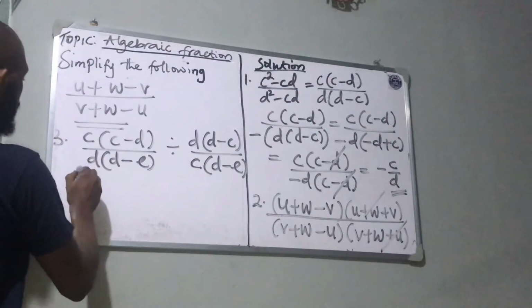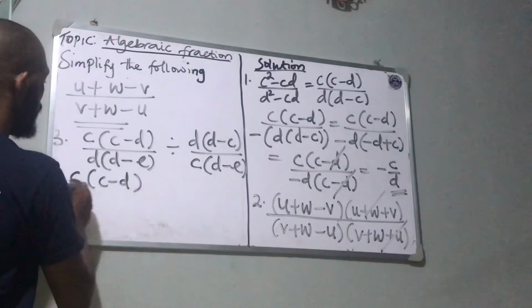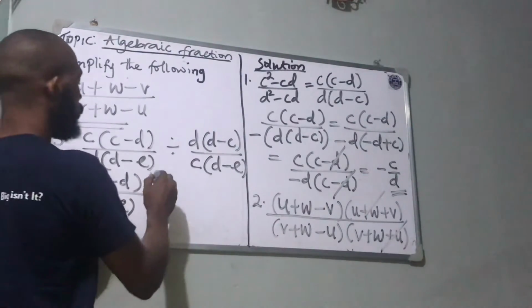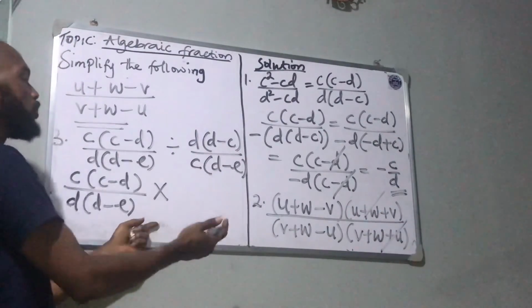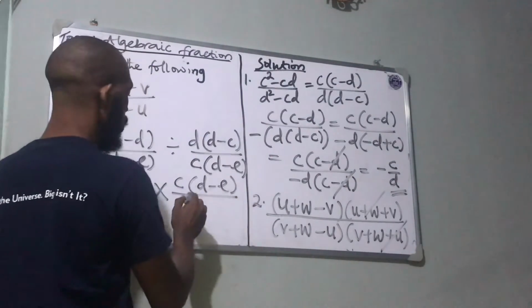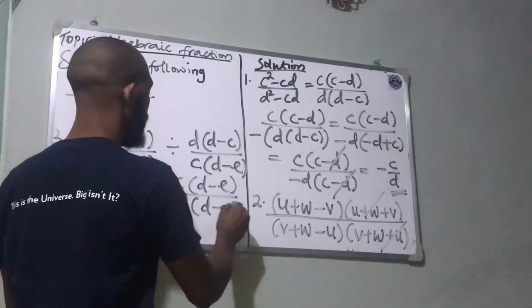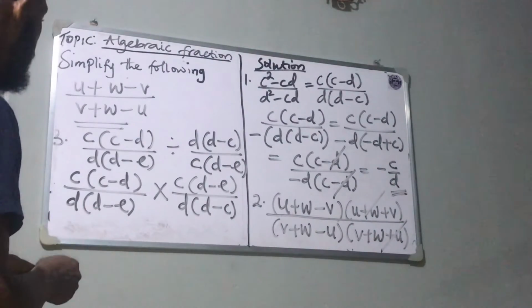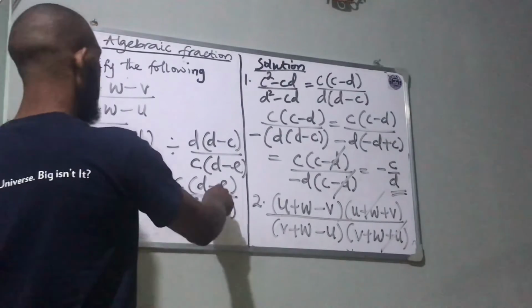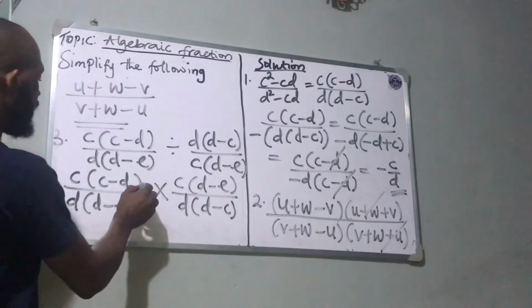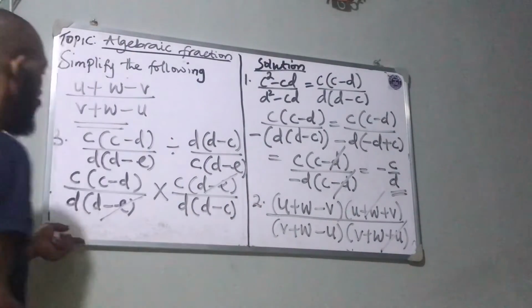So we have this to be c minus d over d minus e. Now we can change this to multiplication. So the right hand side, the denominator goes up. We have c, d minus e over d minus c. Now if you look closely, we discover that this and this are not the same, but we have the brackets d minus e and d minus e to be the same, so we can cancel out this.